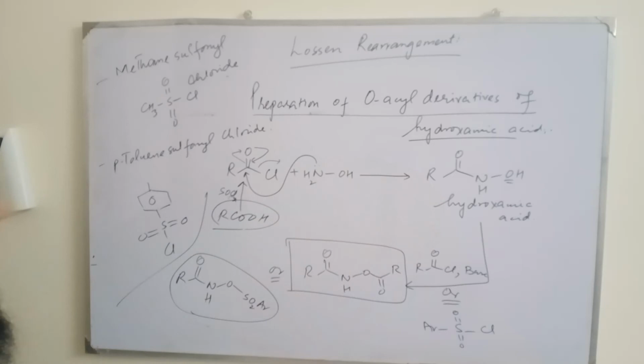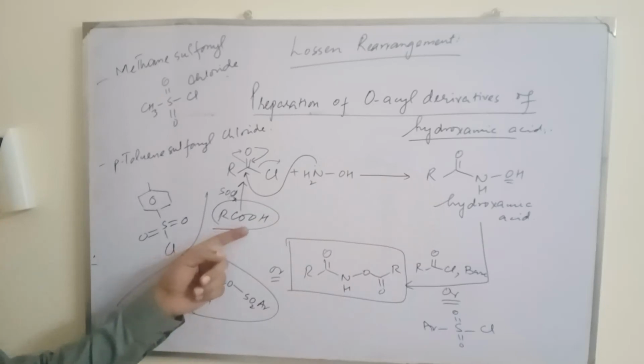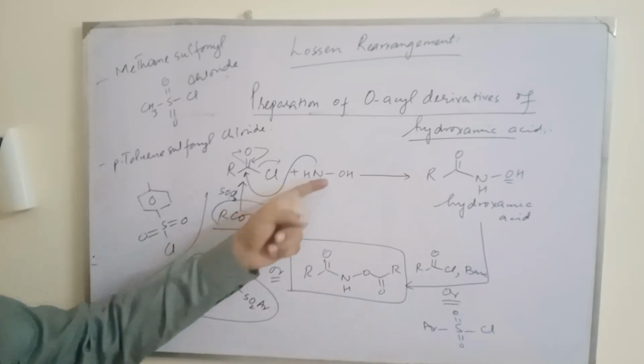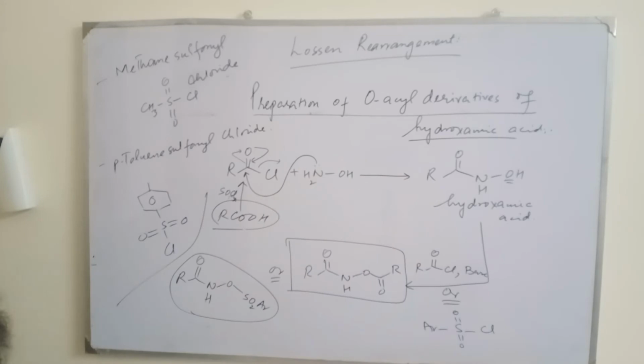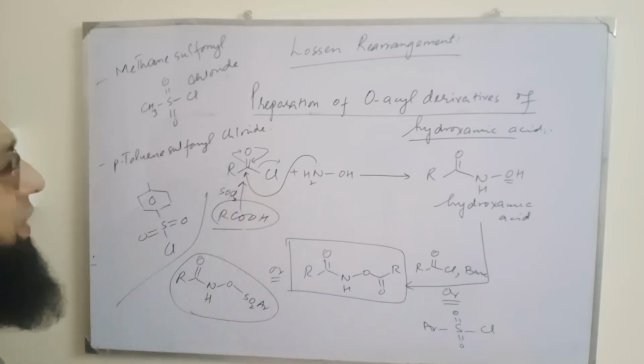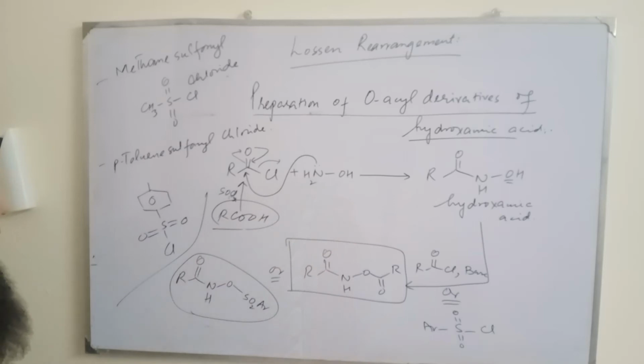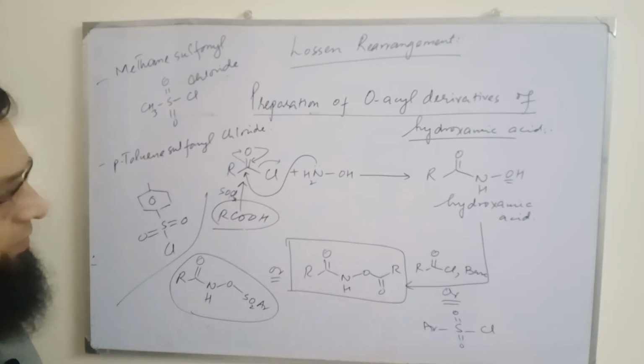We can also use esters and directly react the esters with hydroxylamine hydrochloride, but esters are not so reactive, and acid chlorides are better in terms of reactivity with hydroxylamine hydrochloride, and as a result we can get these O-acyl derivatives of hydroxamic acids. I hope this is clear to you.